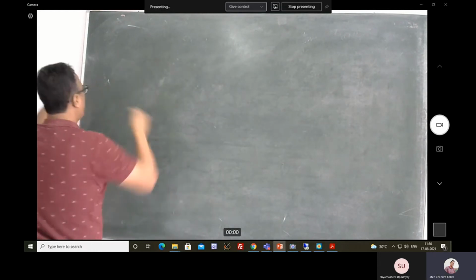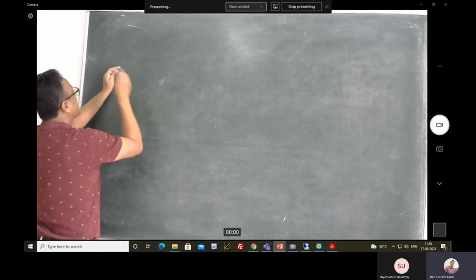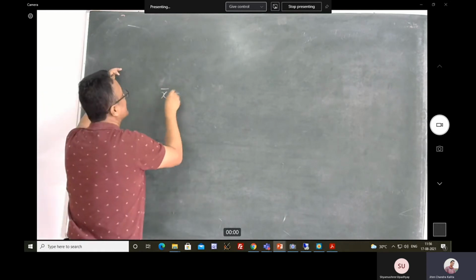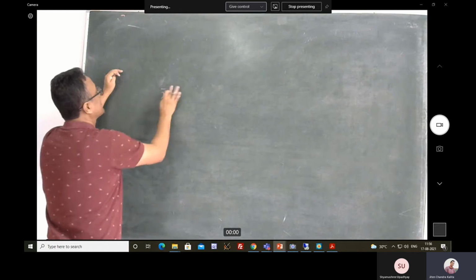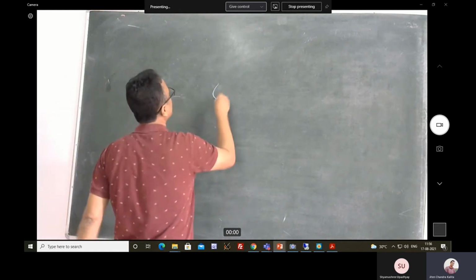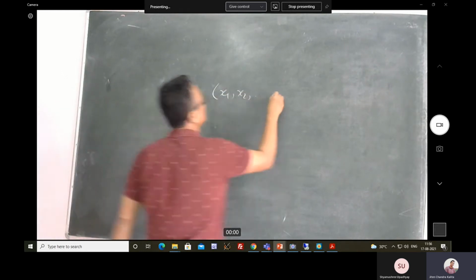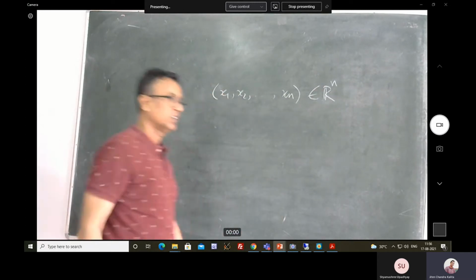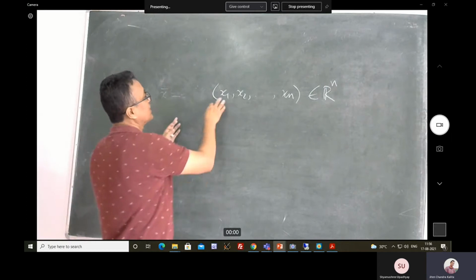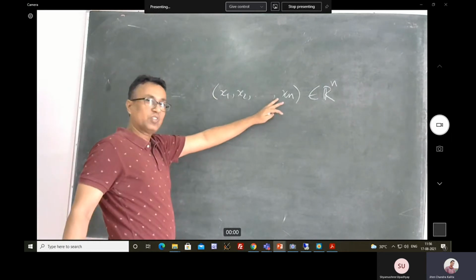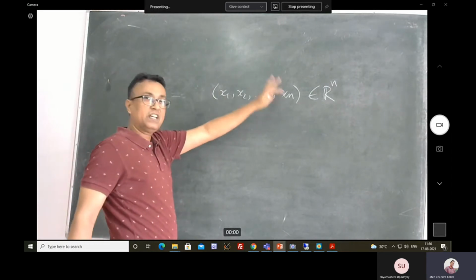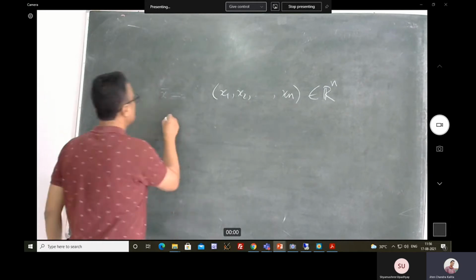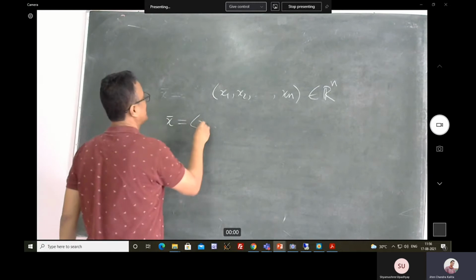Okay, when I consider a function of more than two variables, I may consider a point, suppose I'm considering this point. This is a point in n-dimensional space. Now if I want to consider the position vector of this point, I can simply write it like this.